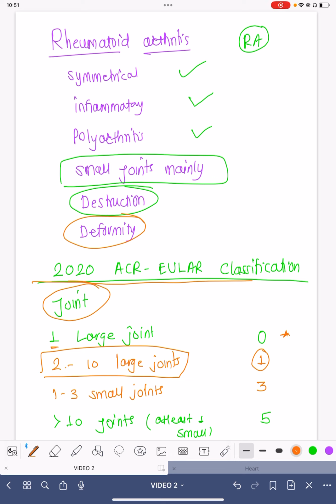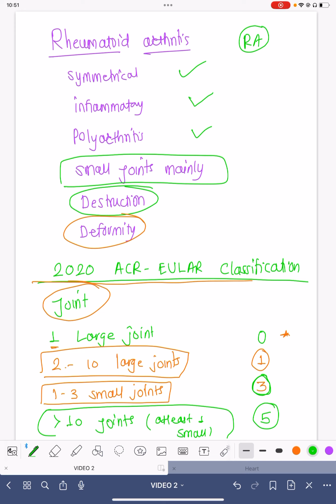As I told you, rheumatoid arthritis is a disease mainly of small joints. So if there is involvement of 1 to 3 small joints, the score is 3, which is significant. If more than 10 joints are involved, at least one of which has to be a small joint, the score is 5. Most of the time in rheumatoid arthritis, in bilateral hands, a number of small joints are involved, which very easily cross more than 10.